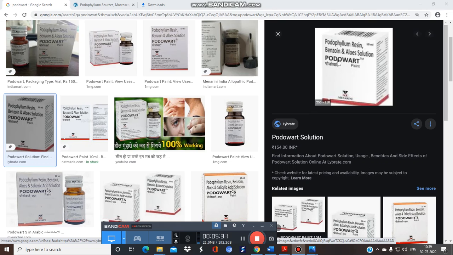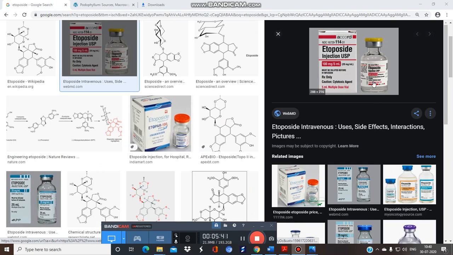This is a very famous formulation that contains podophyllum resin, the Podovart, used for the treatment of various types of warts. This is etoposide injection, a semi-synthetic derivative produced from podophyllotoxin and widely used as a cytotoxic agent.